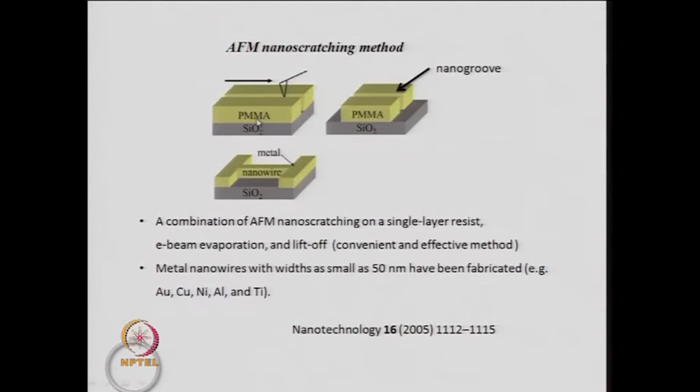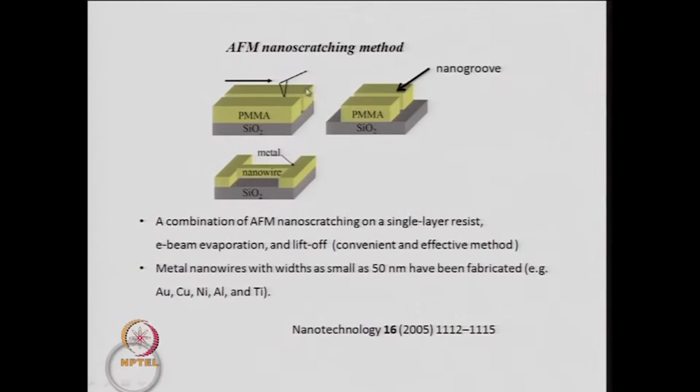So, this is PMMA, polymethyl methacrylate. It is a polymer, and that polymer is coated on a substrate which is silica or quartz, and you make a pattern on top the way you want the nanowire to grow. So, first you can see that this cantilever tip is making a cut on the PMMA surface.